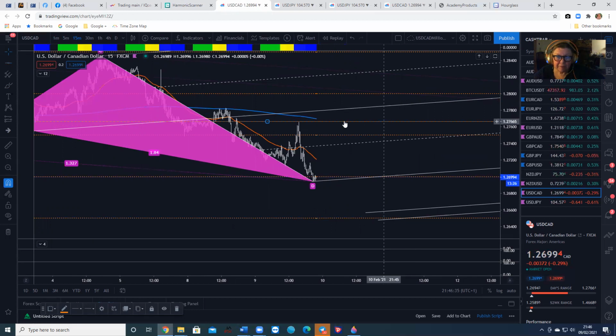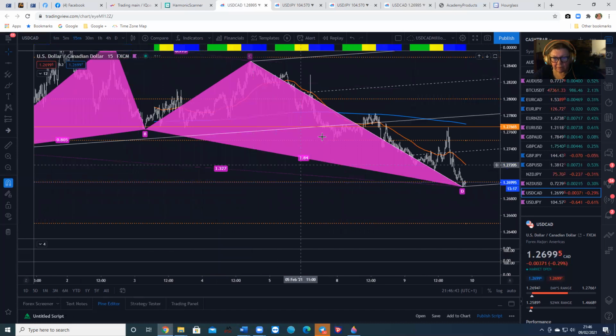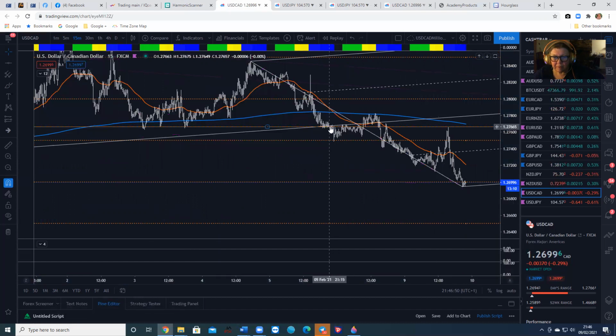Somewhere around there, you can see that line of resistance was a line of support. You'll hear Les talk about, and Matty Pips, how, look at that. If I just hide that for a minute, you can see that was all support all along there.